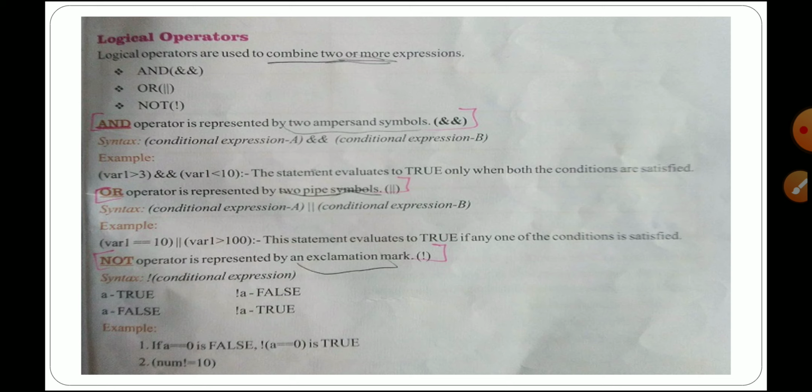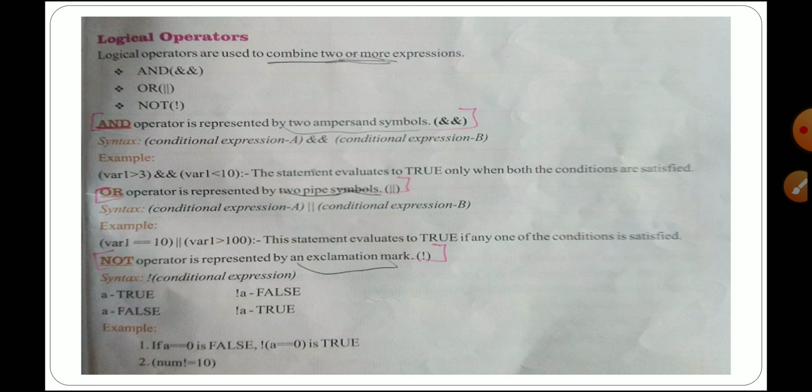What does OR mean? Any one. If any one of these 2 expressions is true, the result will be true. So if expression A or expression B, any one is true, the result will be true. Only if both are false, the result will be false.